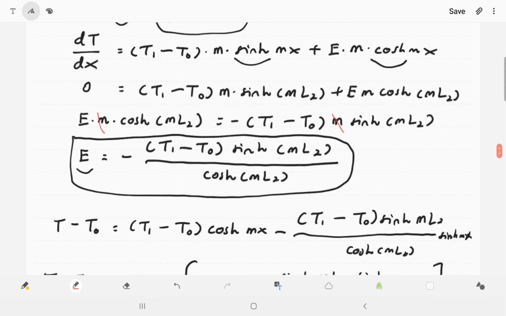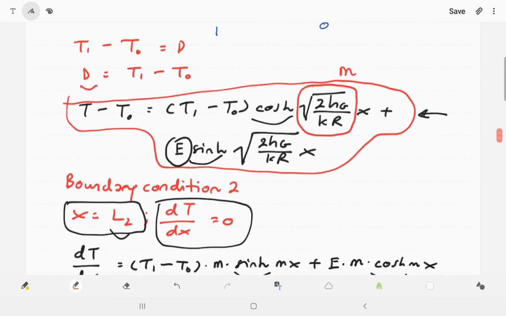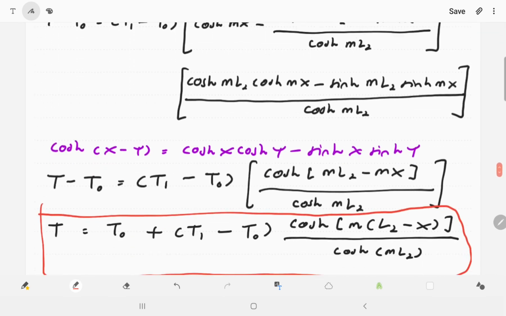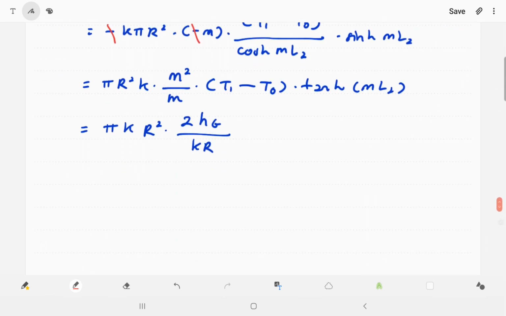If we go up on top, we defined M as the square root of 2hg per kr. Okay, so we need to be consistent with our terms here. So this m square divided by m, this m square will basically be 2hg over kr.